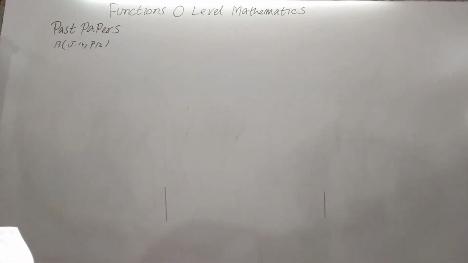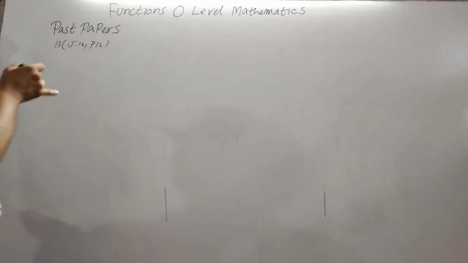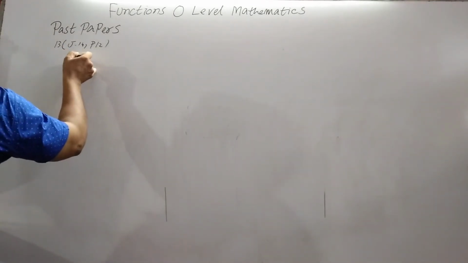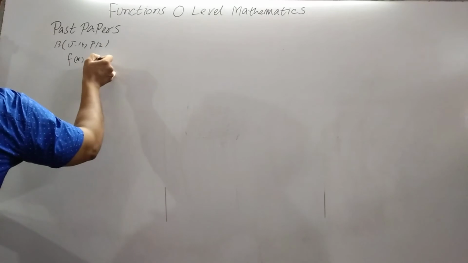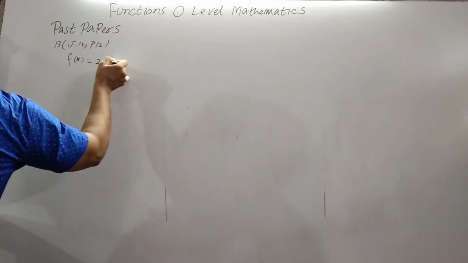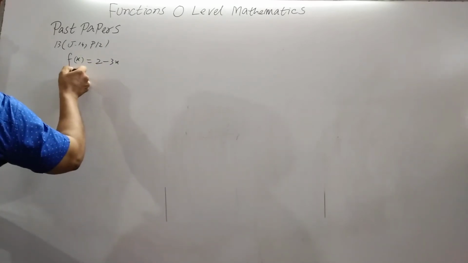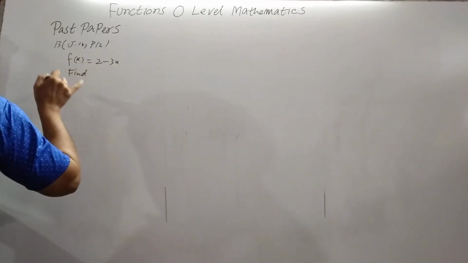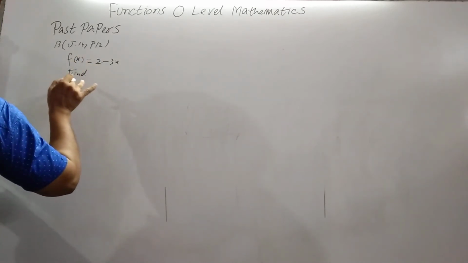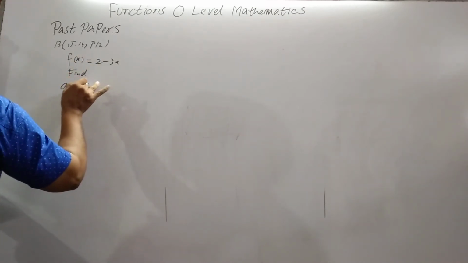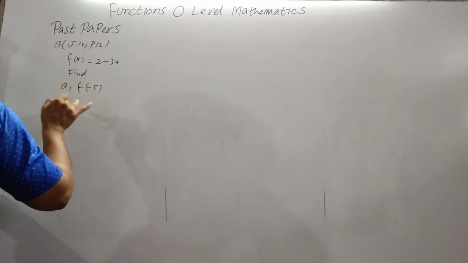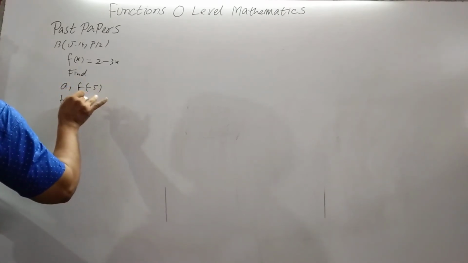Many times questions on functions come in paper 1. f(x) equals 2 minus 3x. Find part A, f of minus 5. Part B, f inverse x.